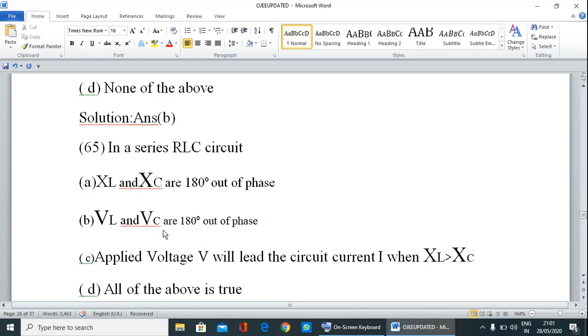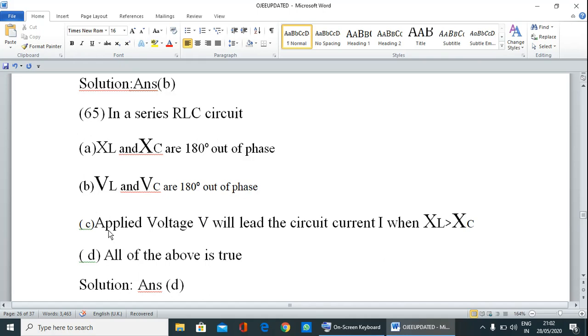Then VL and VC are 180 degrees out of phase. This is also correct, because the voltage in an inductor is leading and in a capacitor lagging, therefore they are 180 degrees out of phase. Applied voltage V will lead the circuit current I when XL is greater than XC.